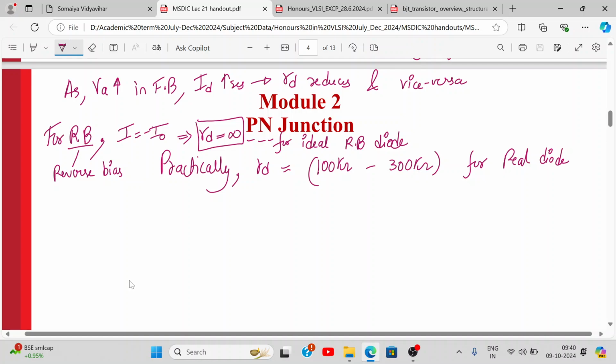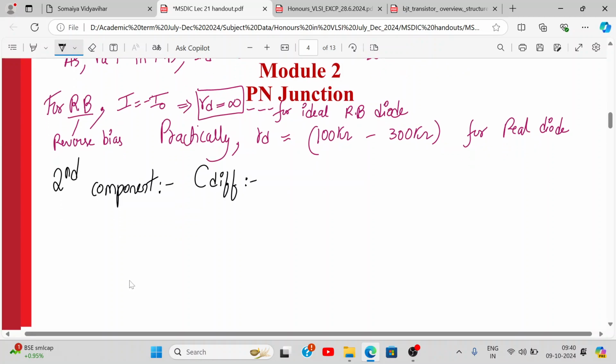So write down, the second component is diffusion capacitance, CD. Listen to the statement which you need to write. I'm not writing it right now, I'm just describing it. Two lines will come over here.